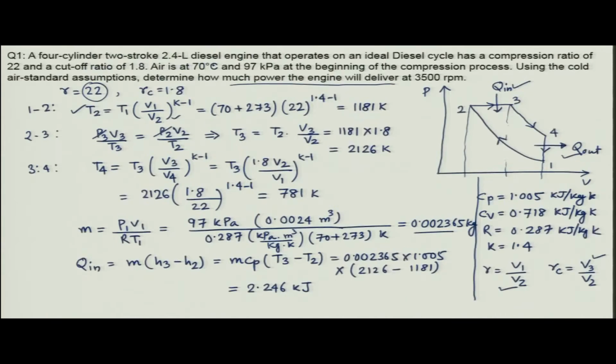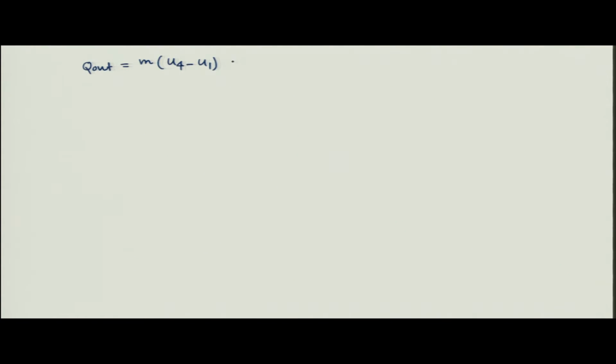Next we can find Q out. Heat is rejected at constant volume condition. So, we write m times U4 minus U1, that is the heat rejection process 4 to 1, which I can write as m times Cv times T4 minus T1.